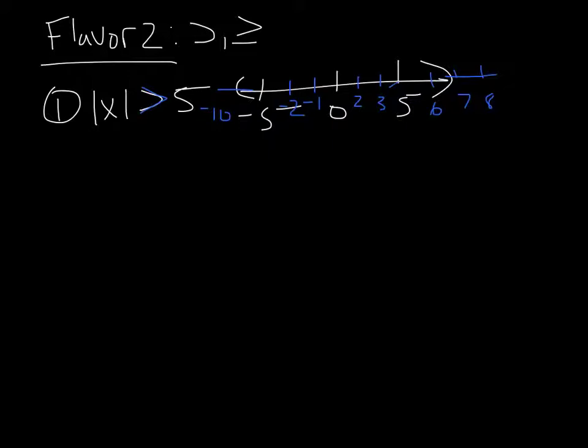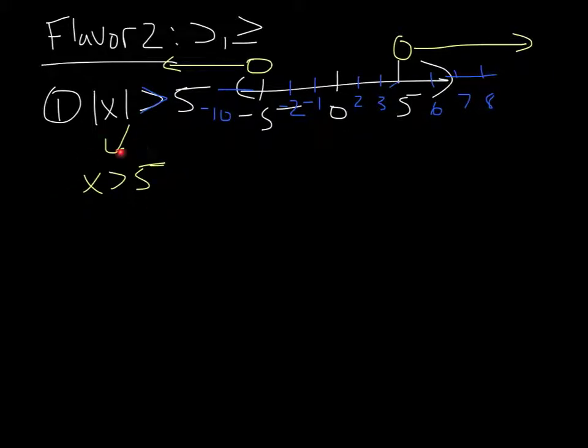In this case, my graph is going to look like this. These are the things that are more than 5 away from 0. So again, this breaks into two problems. Problem 1, x could be bigger than 5. That is one way to be more than 5 away from 0. And that right there corresponds to this piece of the graph.